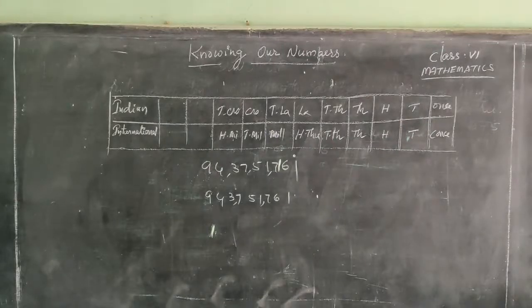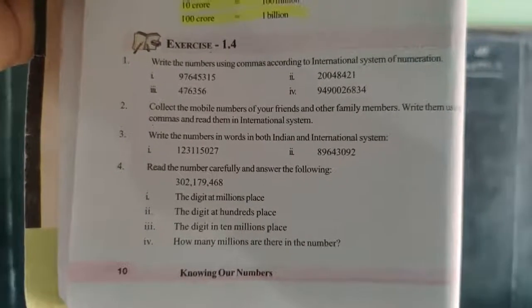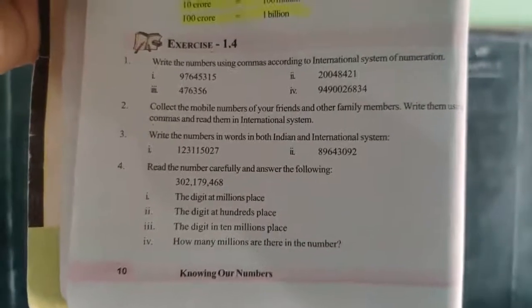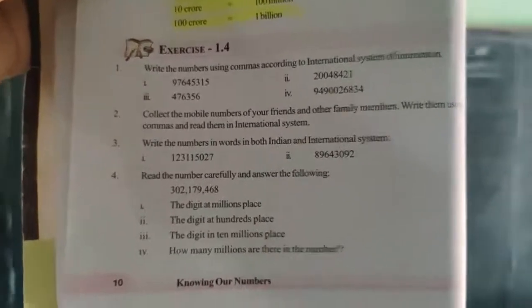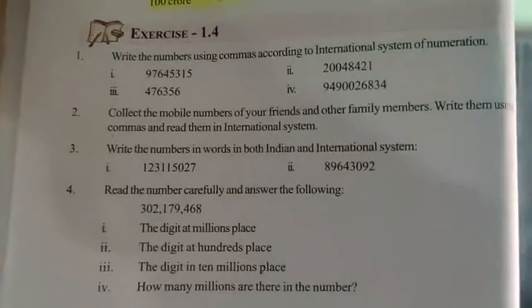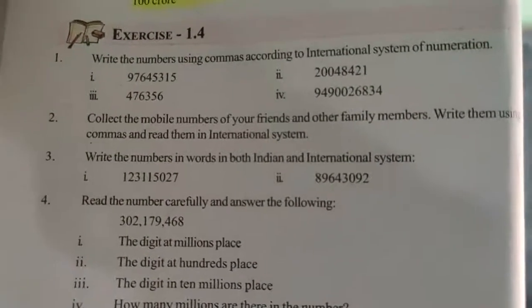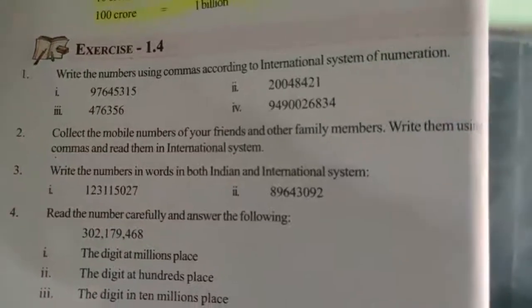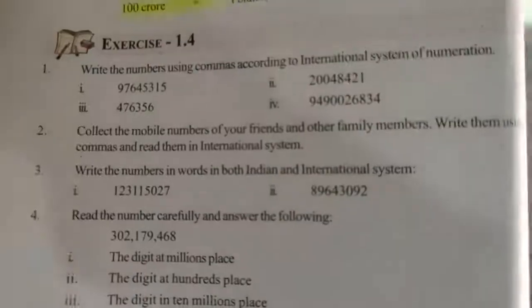First, use commas according to the international system of numeration. Second, collect numbers of your friends and other family members, write them using commas and read them in the international system.